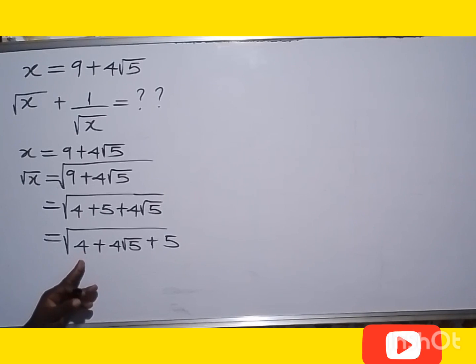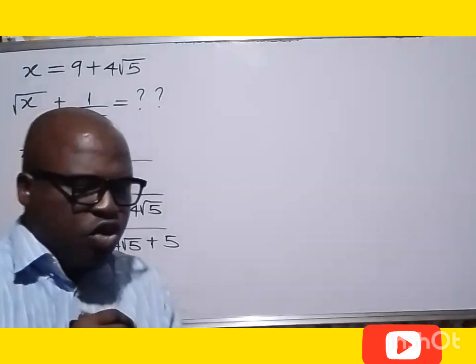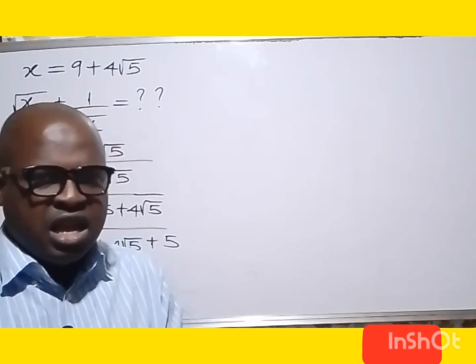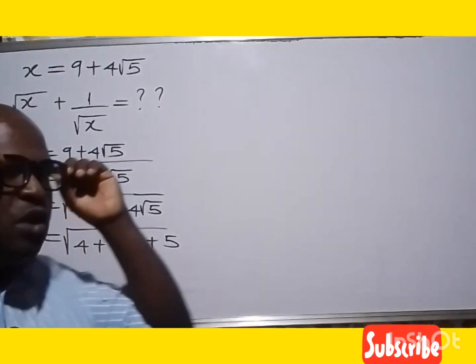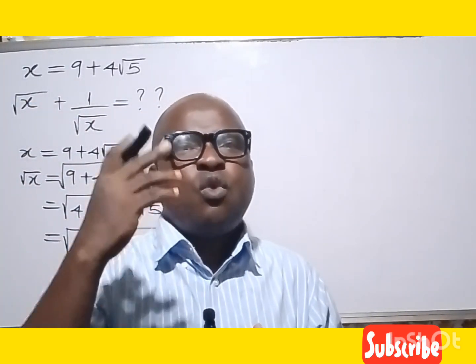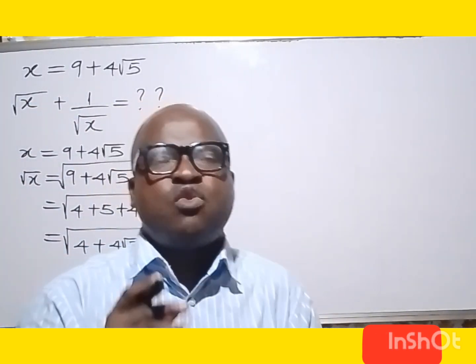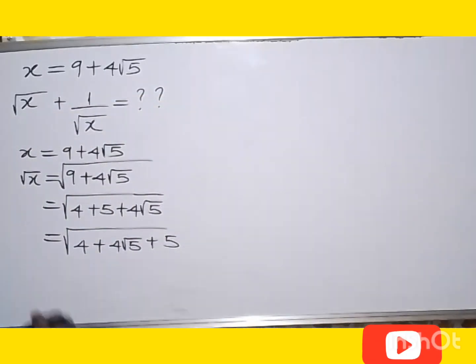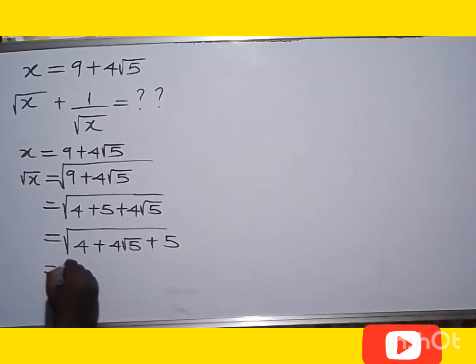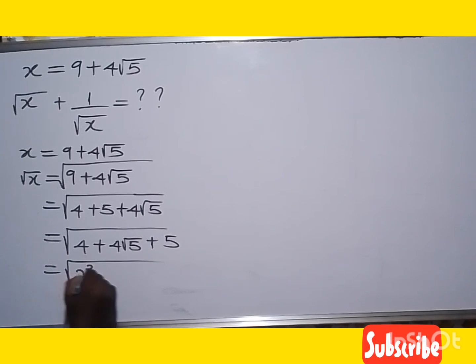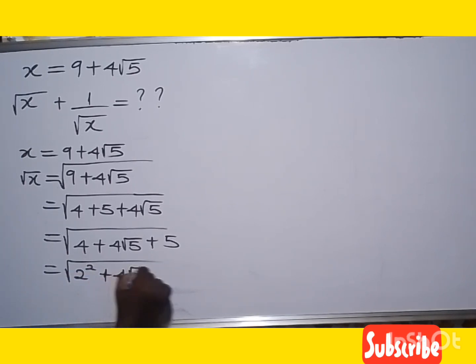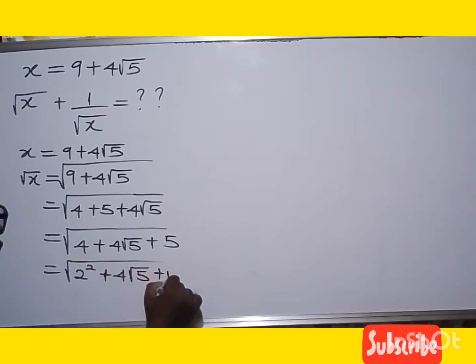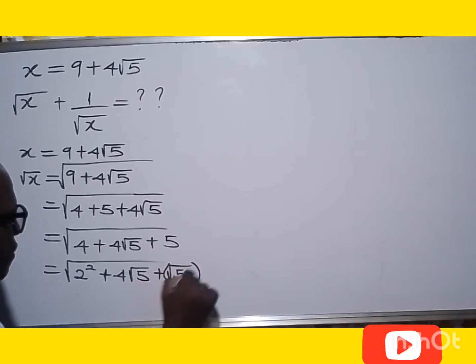But you know that 4 is 2 raised to power 2. And if I simplify this 5 too in terms of square, my 5 is equal to root 5 squared. That means I am going to have 2 squared plus 4 root 5, then plus root 5 squared.